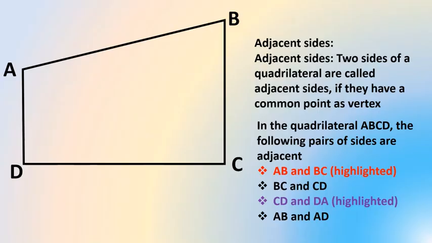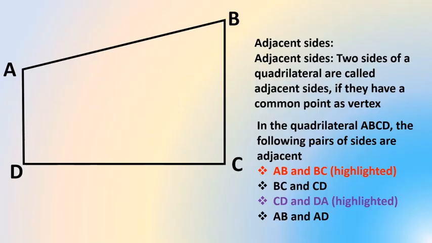Just focus on the point A, which is one of the vertices. Which are the two sides which meet at A? AD and AB. Those two are adjacent sides.